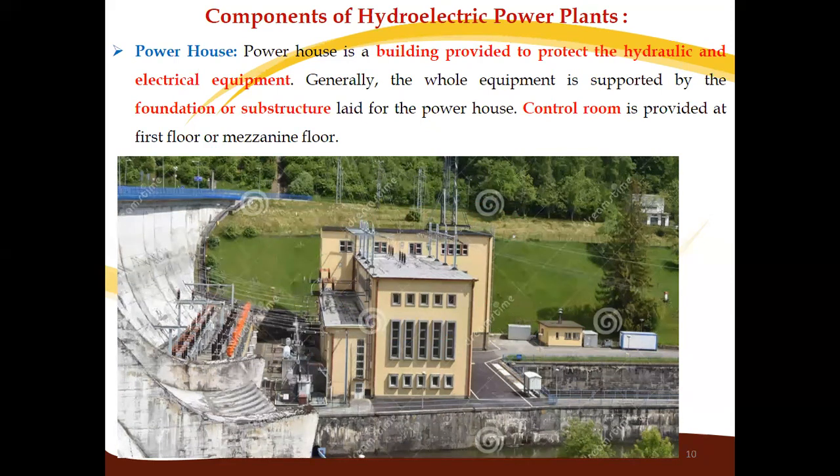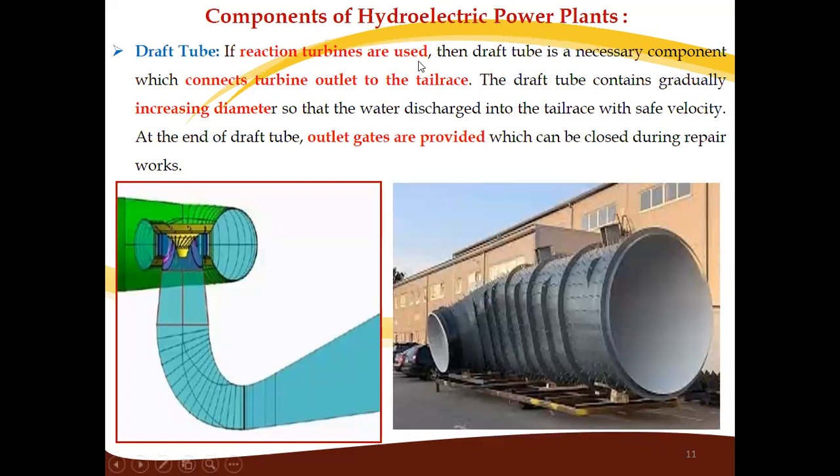Now next we have the draft tube. A draft tube is generally used when we use a reaction turbine. When we use an impulse turbine, we do not use the draft tube, but it is used with a reaction turbine, like the Kaplan turbine or Francis turbine.